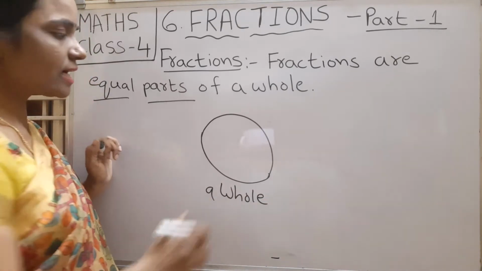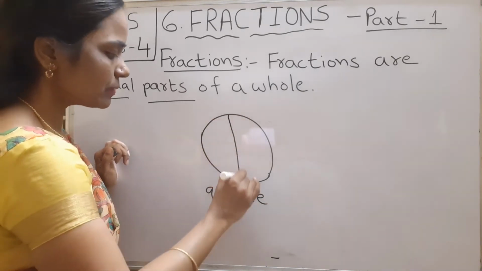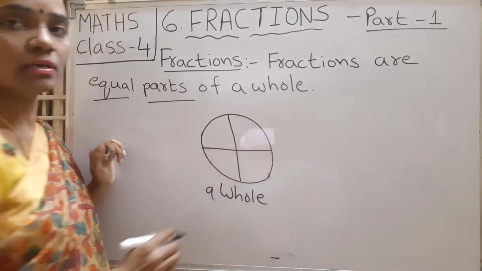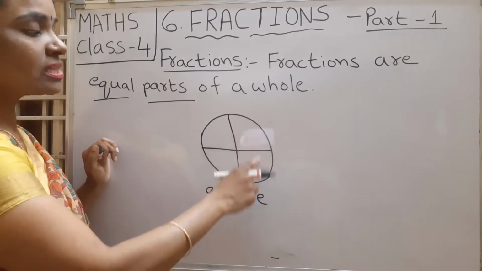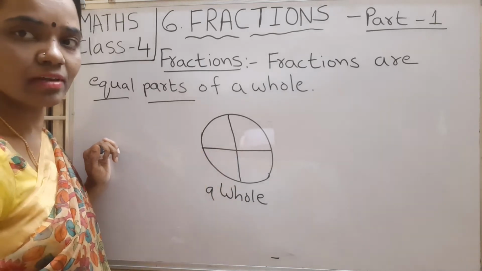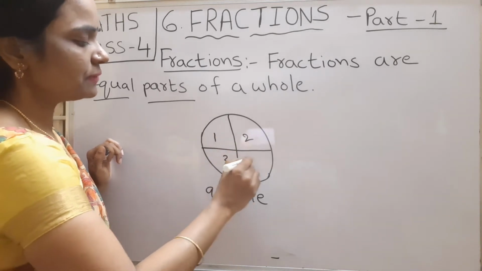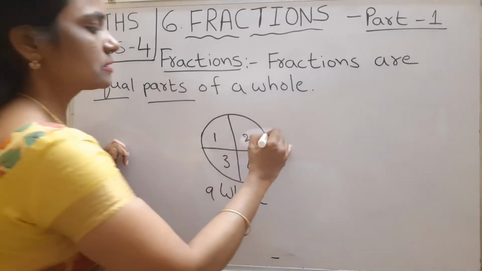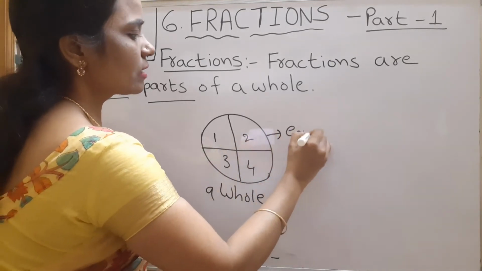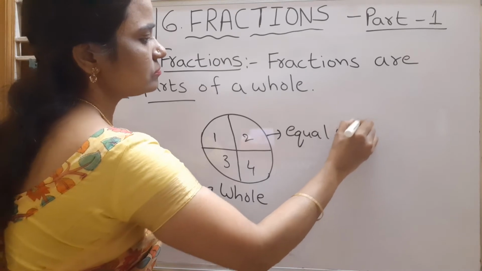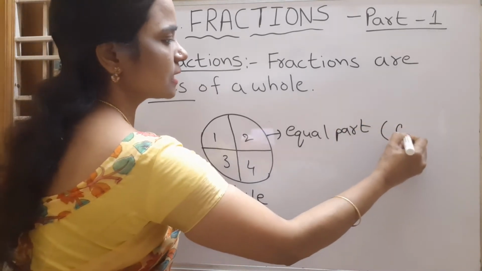Now what am I doing? I am going to make some equal parts of this whole thing. So this whole thing is divided into how many equal parts? 1, 2, 3, 4 equal parts. So it is an equal part, which means it is a fraction.